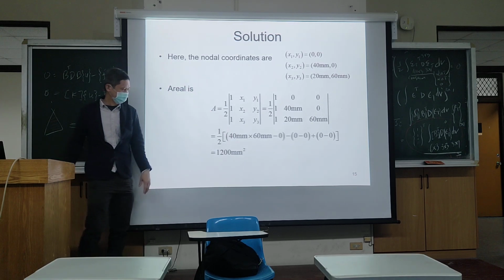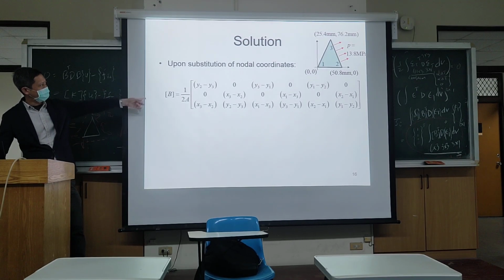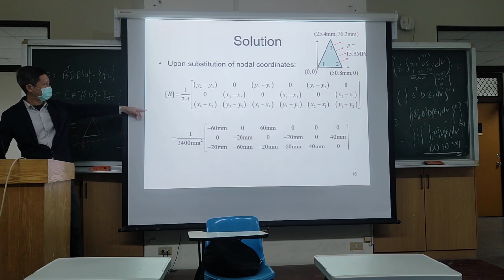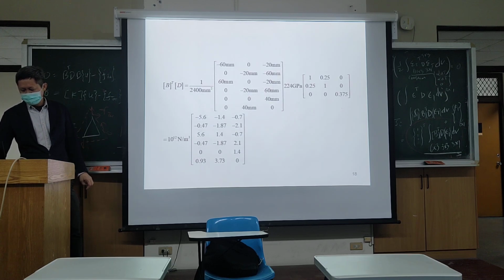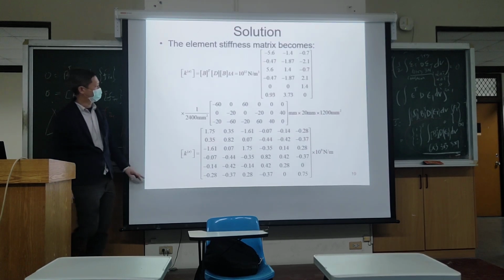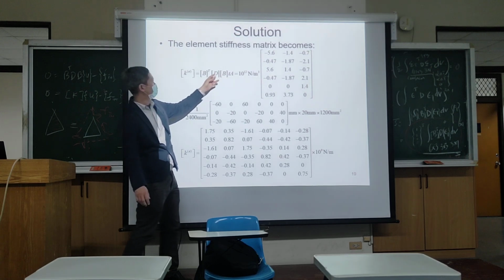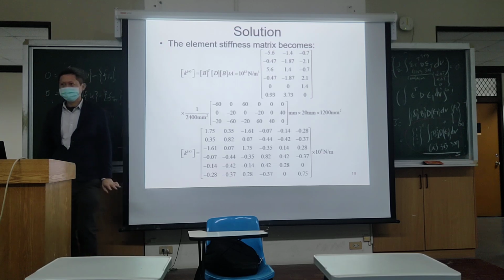And take the determinant. Then you find out this area. And then substitute the value into the expression, then you're going to have your B matrix, and then next formulate your D matrix. Your D matrix can be obtained this way, and then finally, then you're going to have the B transpose D. Okay, and then last, multiplied by B again, then you have your K matrix.